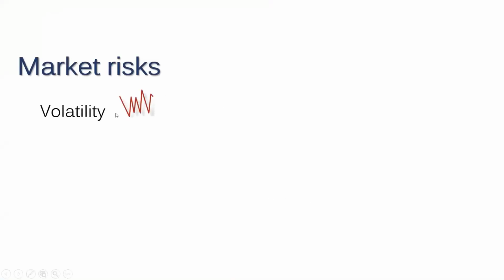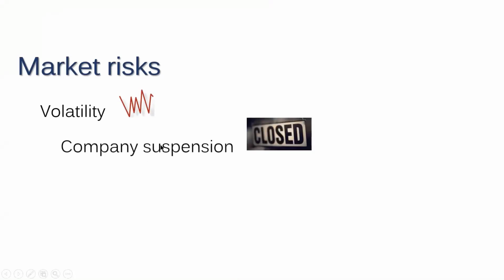And then we have market risks. The market risk is that there's a lot of volatility with trading. There can be company suspensions where the companies can close while you're in your position and it can liquidate. And this is very important, which is why you shouldn't really look for those type of underdog shares or underdog companies that are going to blow up, because these are the ones that have the highest risk at being suspended and being liquidated.